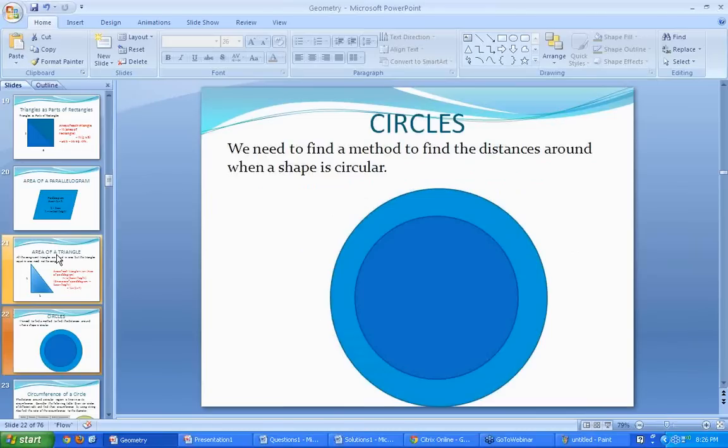Now for circles, we know... Sandeep says all rectangles are parallelogram, but yeah, agree Sandeep, but opposite is not always true. See, parallelogram is a generic name for any four-sided figure, like human beings.